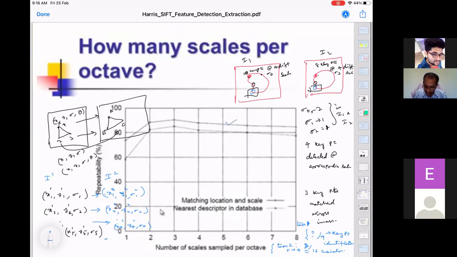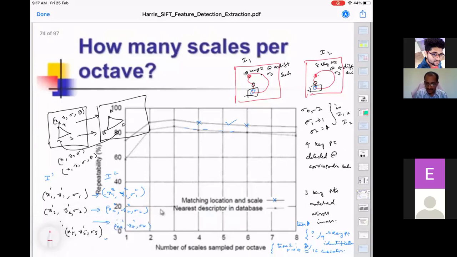The accuracy in the first task is matching to the scale and location, which is this. If they match with this much accuracy, then the accuracy at which they can match corresponding key points is this. It will be lower than that. Hope you people understand that, right?